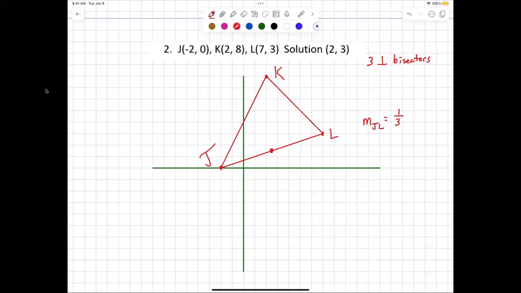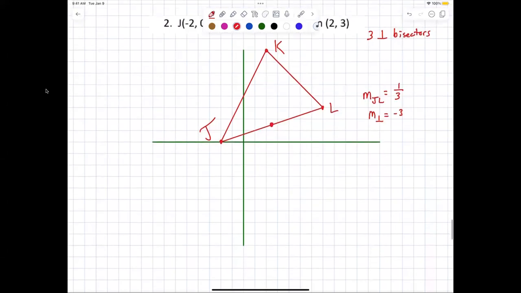Now, from that point, we need the perpendicular. So the slope of the perpendicular would be what? -3. And if you want to say -3/1, I'm okay with that. So now do your best to go down 3 and over 1.